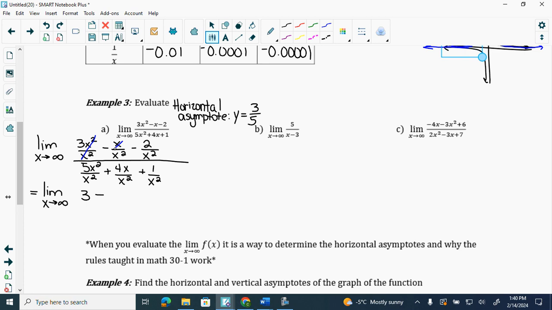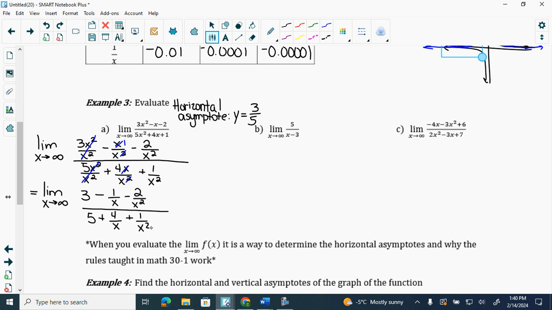Yeah, this will become a 1 and this will become an x, right? So I'm going to get 1 over x. That just stays minus 2 over x squared. All over, what happens here? 5x squared divided by x squared. Left with a 5. Plus, this x cancels off that one, 4 over x. Plus 1 over x squared.